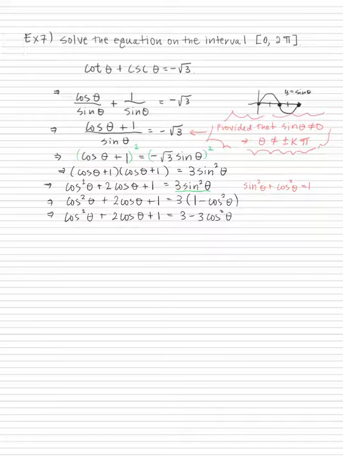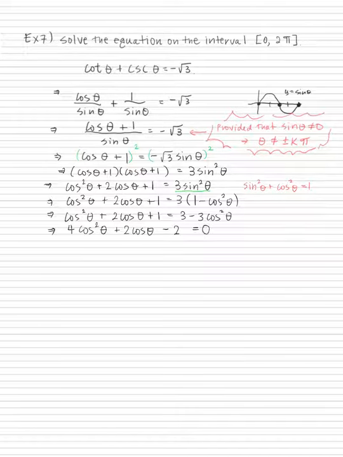Okay, so now let's bring everybody to the left hand side and set the equation equal to 0. So what do we get? If I add 3 cosine squared of theta, we're going to have 4 cosine squared of theta, and then plus 2 cosine of theta, and I'm going to subtract 3 from both sides. So here you're going to have negative 2 equals 0.